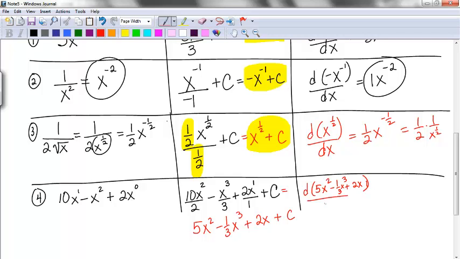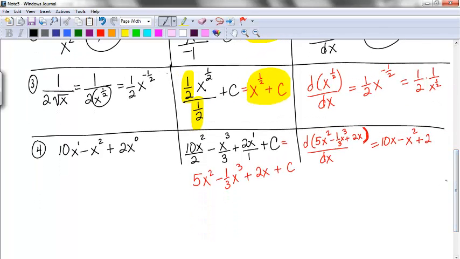So if I take the derivative of my antiderivative, I would end up with 10x to the first minus, take 1/3 of 3 would be 1x squared plus 2. And 2 is the same as 2x to the 0. Everybody getting the idea? Those are the polynomial ones.